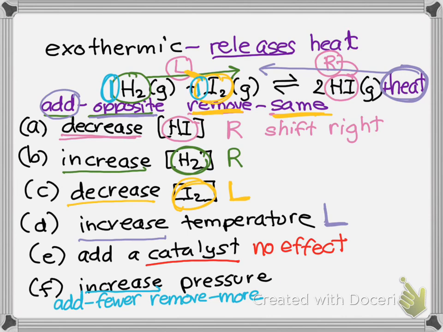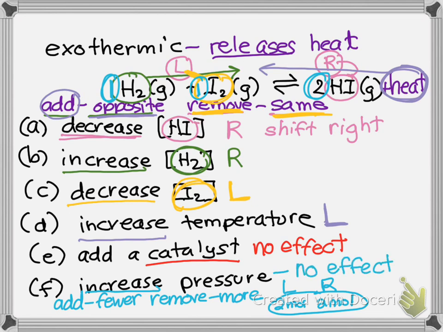The reactant side, sorry, I don't know why I put R, I meant left. I was thinking reactant. The left side has 2 moles, and the product side also has 2 moles, so they're the same. When you have the same number of moles on both sides, changes in pressure will not have an effect on your reaction.